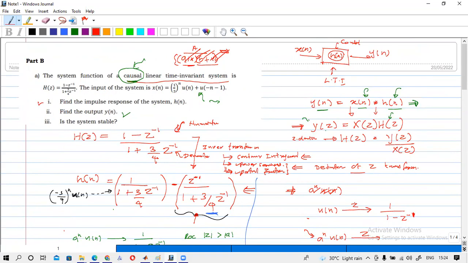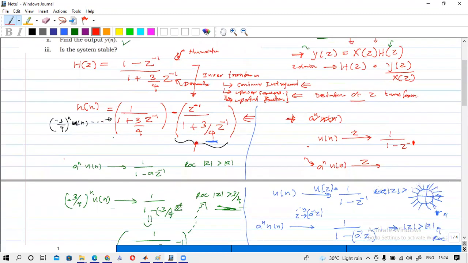You are not going to evaluate X(z) again; you have to find y[n].